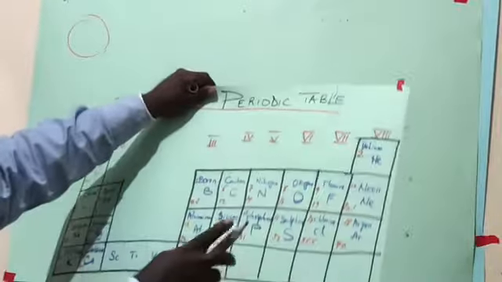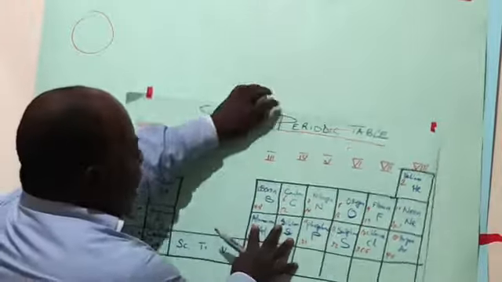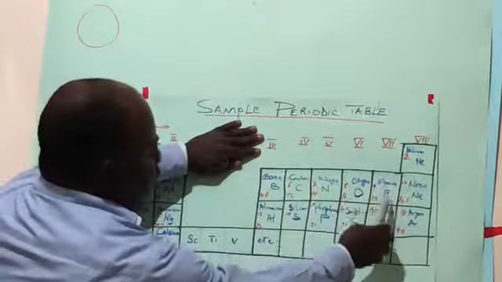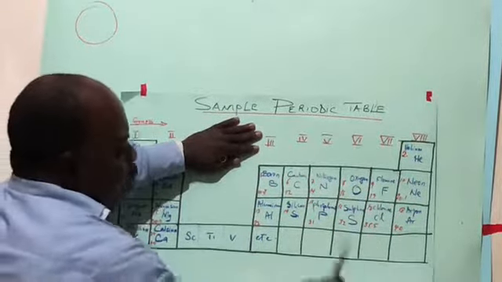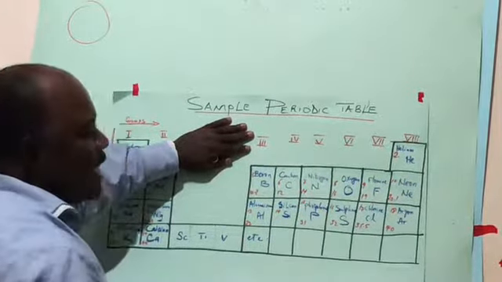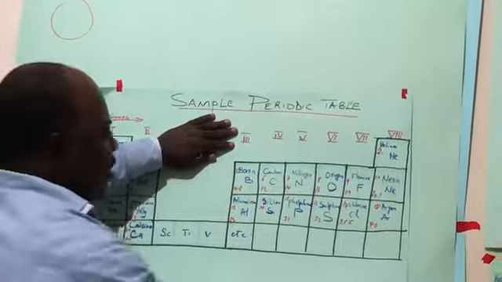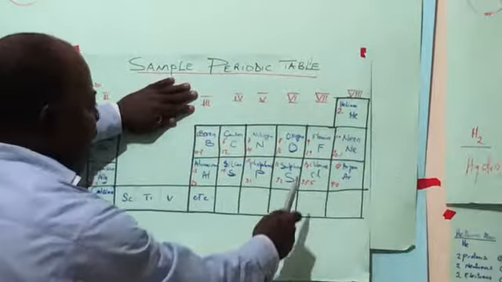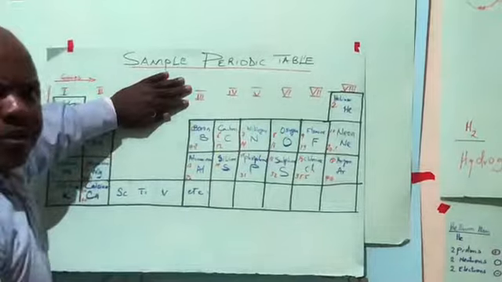From the sample periodic table, chlorine is a group 7 element. It has 17 protons, 17 neutrons, and 17 electrons.